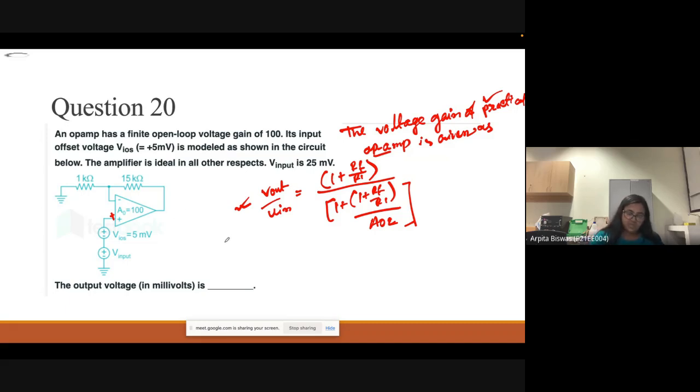Here, RF is the feedback resistor. R1 is the input resistor and AOL is the open loop gain.